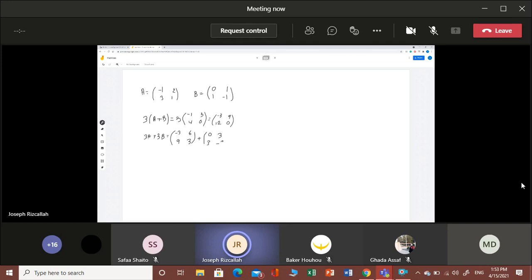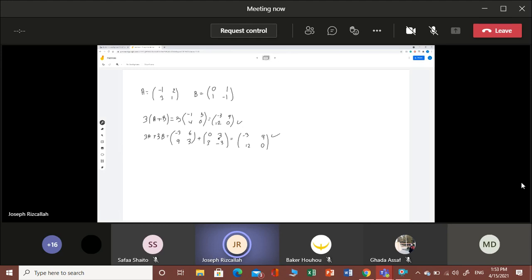And now if you add them, and we know how to add such matrices because they have the same size. Yeah, we get 0 plus minus 3, so we get minus 3, right? And here we have 6 and 3, which is 9, right? And then we have 9 and 3, which is 12, and 3 and minus 3, which is 0. And you can see that the result here and the result here are identical.